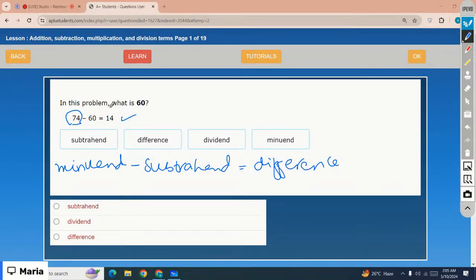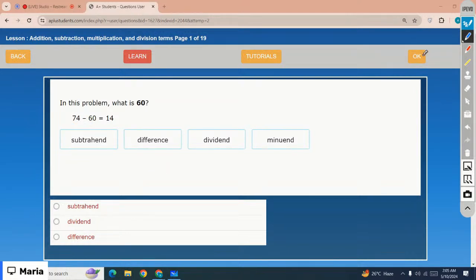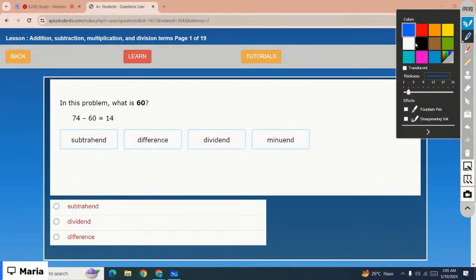So 60 is the subtrahend. The correct option is subtrahend. Option number one is the correct option.